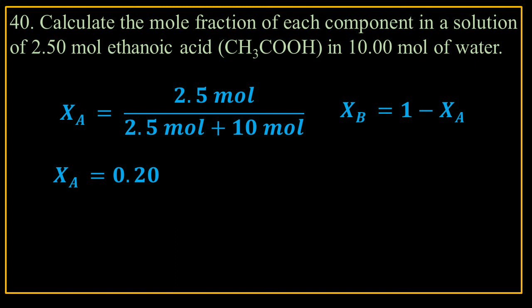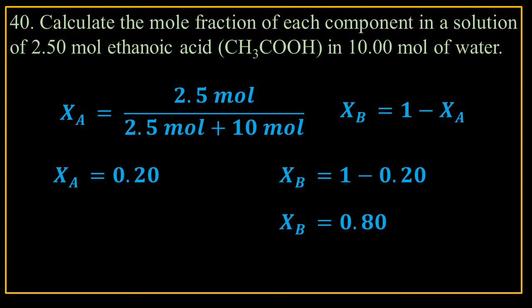So 2.5 divided by 12.5 would be 0.2, so XB would be 0.8. In other words, the fraction of ethanoic acid is going to be 0.2, and the fraction of water is going to be 0.8. A is ethanoic acid and B is water. Number 41, moving right along.